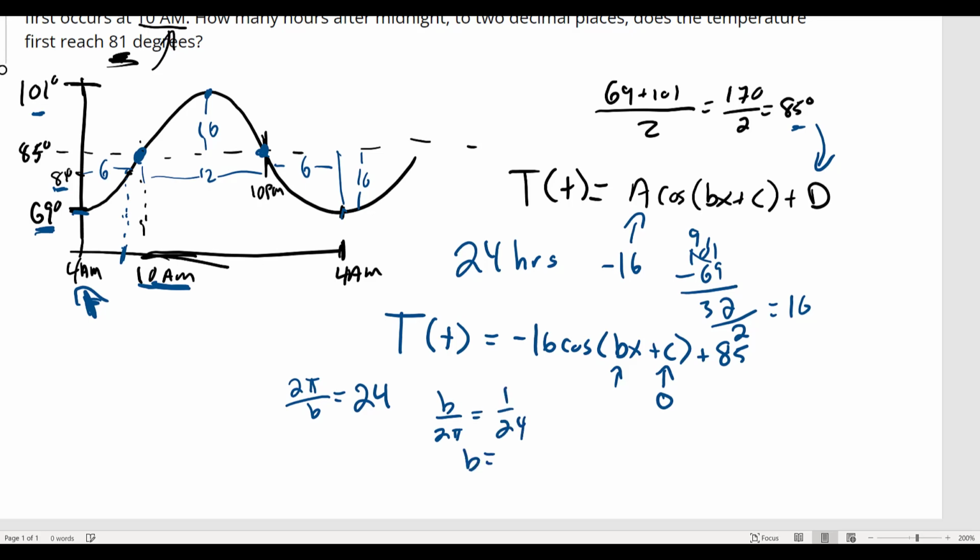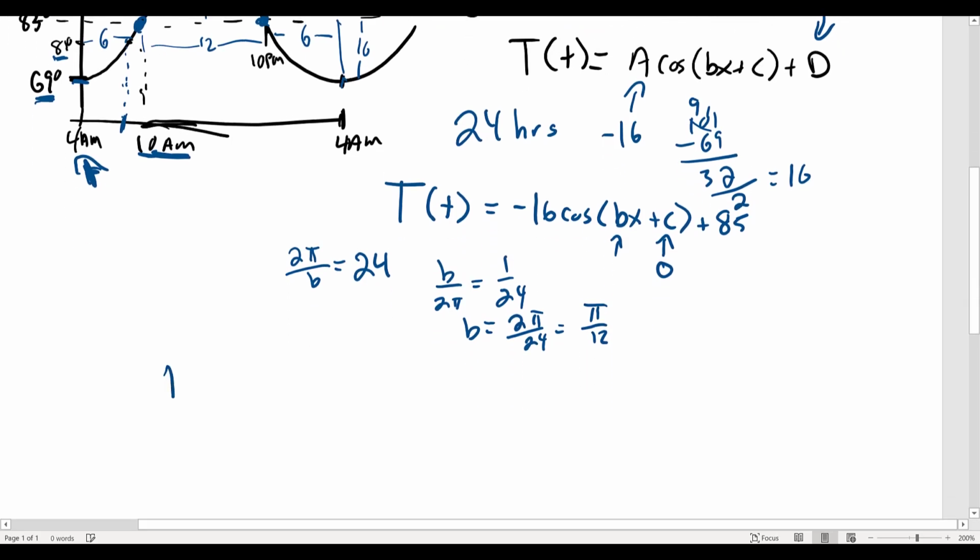So B would be equal to 2 pi over 24, or pi over 12. So now we're getting this function to look something like T of little t. I used an X, not a T, oops. That is my mistake there. And that should be a T up here as well.